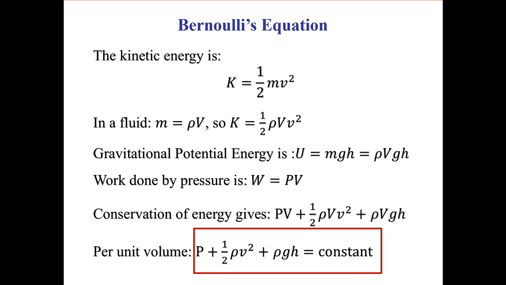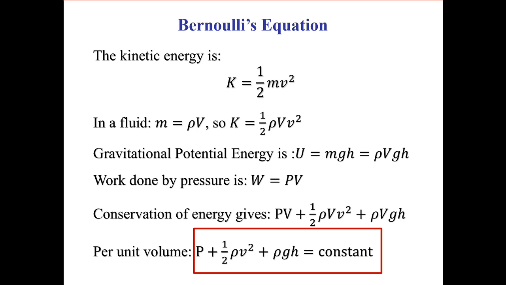Lastly, we've mentioned that pressure can be thought of as another form of energy, and the work done by pressure is equal to the pressure times the volume. If you think about it, pressure is the force divided by the area, and then the volume is the area times the displacement. So essentially, pressure times volume is the same thing as force times displacement, which is the same thing as work. You'll notice that all of these are proportional to the volume.